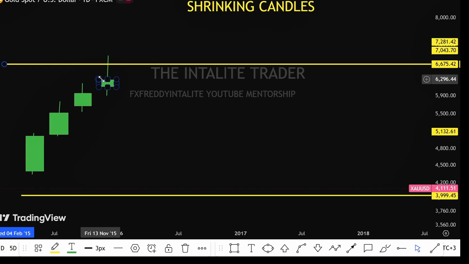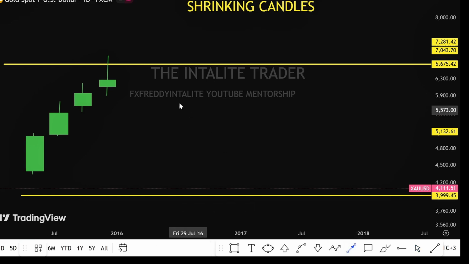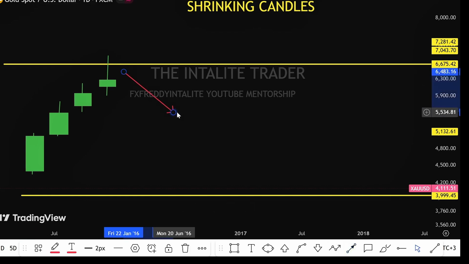So this tells you there is momentum loss from these buyers. And because there is momentum loss from these buyers, this can cause a possible trend reversal.